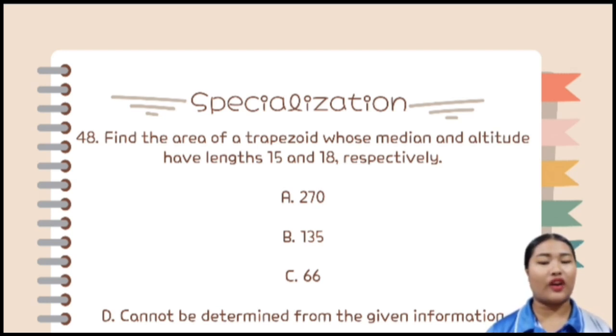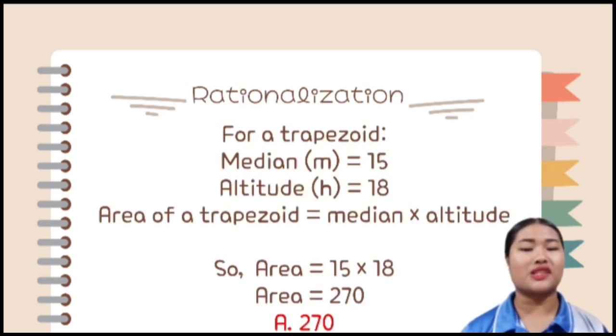So the area of the trapezoid is equal to the median multiplied by the altitude. So area equals 15, the median, multiplied by 18, the altitude. 15 times 18 will give us the answer 270. So the area is 270. Letter A, 270.